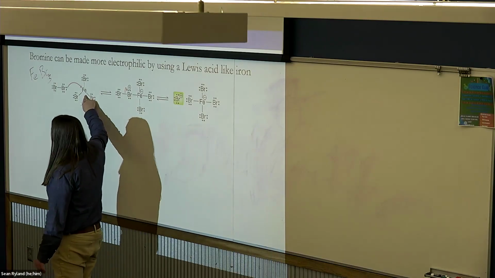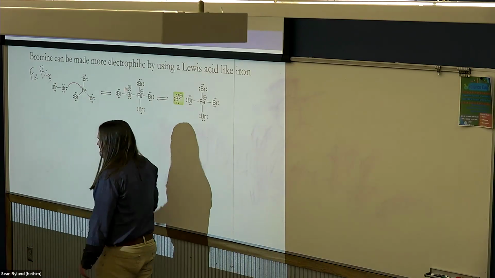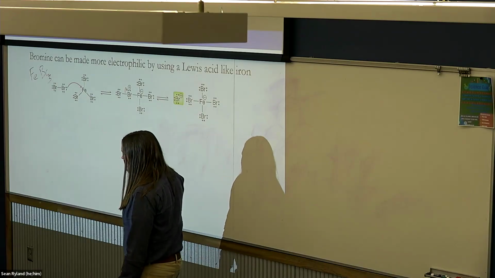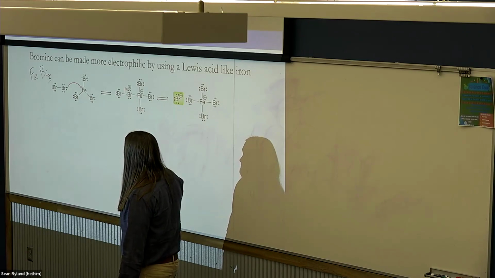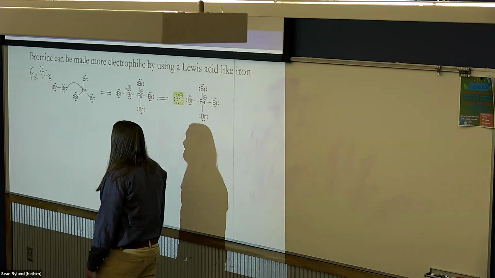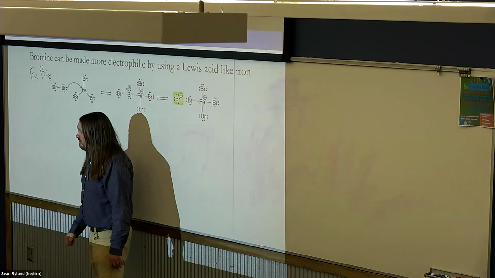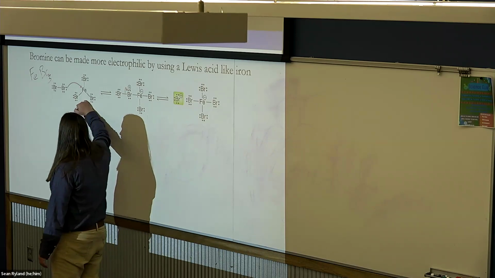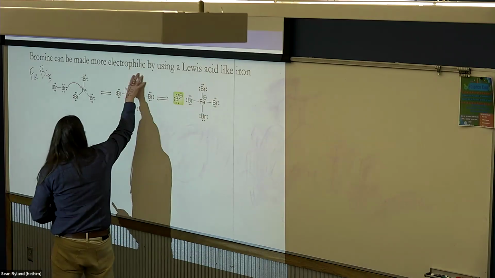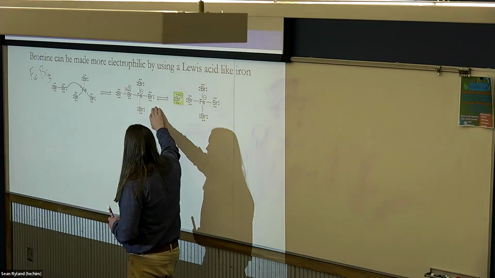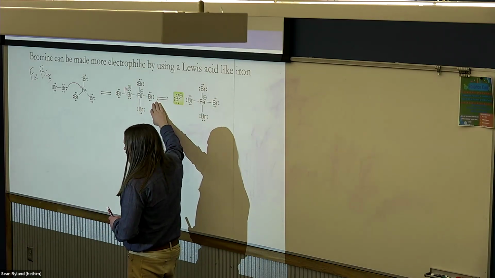If you do this, the iron has an empty spot in its d orbital that it can accept more electrons. Actually, I don't think it has to use the d orbital. Think about it. Yeah, it's got an empty spot in its p orbital that allows it to do this. Basically, what you get is this weird cross-shaped structure.